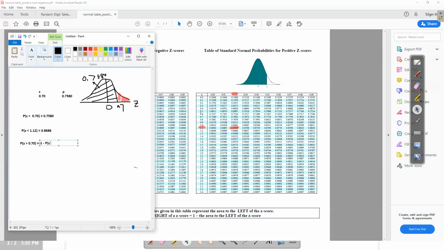So the probability of Z greater than 0.70 will be 1 minus the probability of Z smaller than or equal to 0.70. And the equal sign doesn't really matter in a continuous distribution because a single line doesn't have any area. So this will be 1 minus 0.7580, and you can calculate 0.2420, right?